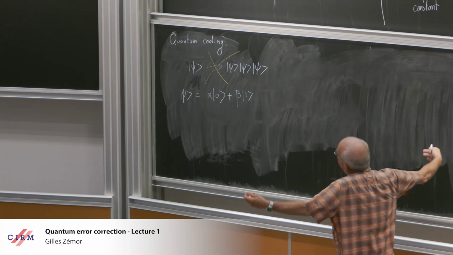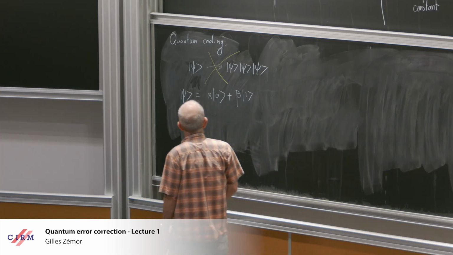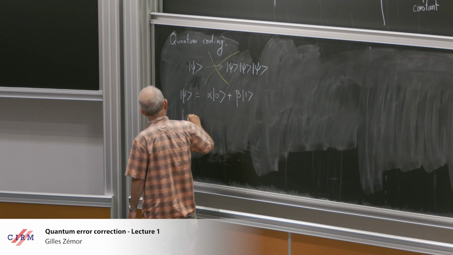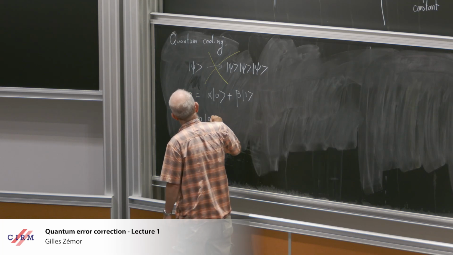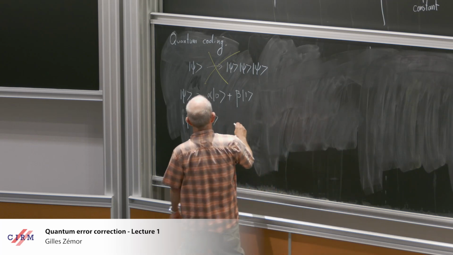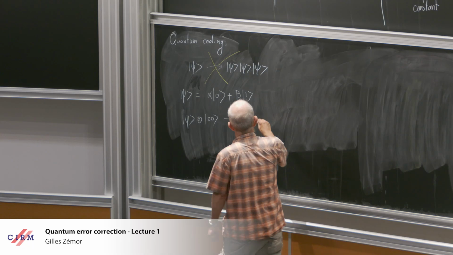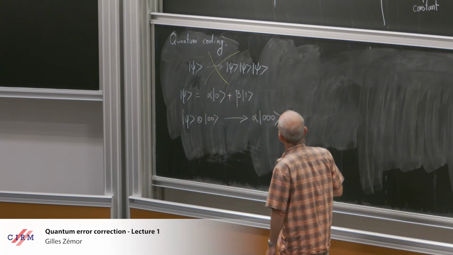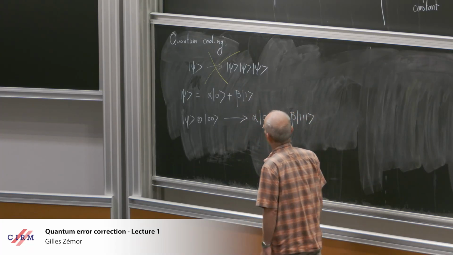You can do the equivalent of classical repetition. How would it go? You can start from this and add a couple of qubits, say in the 0 state, and then map this to this expression, alpha times 0, 0, 0 plus beta times 1, 1, 1.